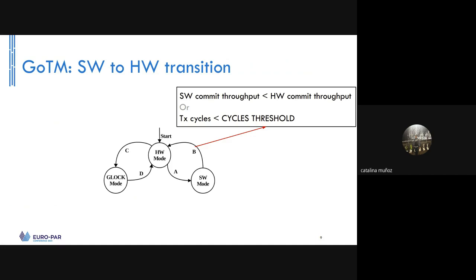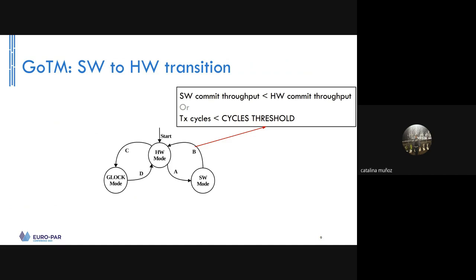Basically, yeah. So that is only operating on software, but in your system you are switching from hardware to software, software to hardware, then GLOCK mode. Is it not affecting your overall runtime? How are you actually optimizing this in your system?